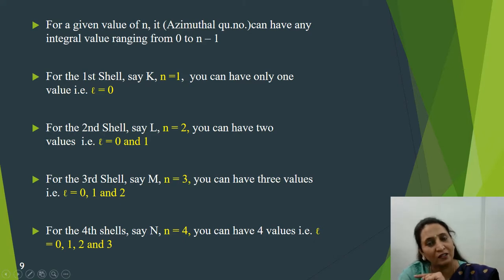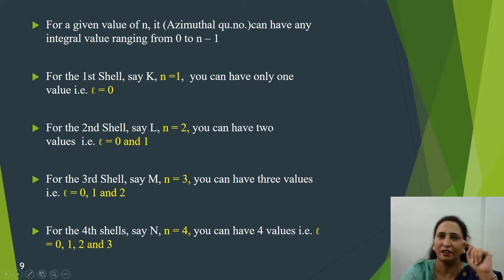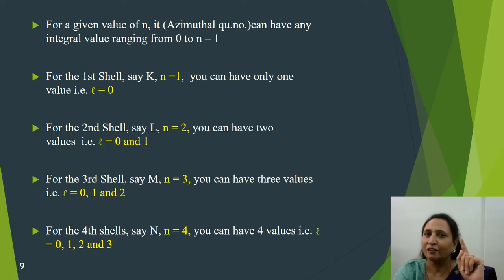When the l value is 2, the orbital is d. Now for the fourth shell, the N shell, n is 4. You can have 4 l values: 0, 1, 2 and 3. This indicates that the l value is always less than the principal quantum number by 1.